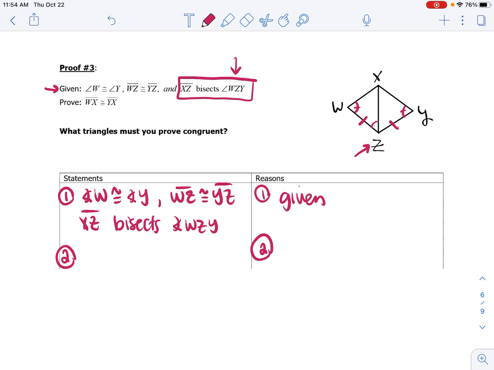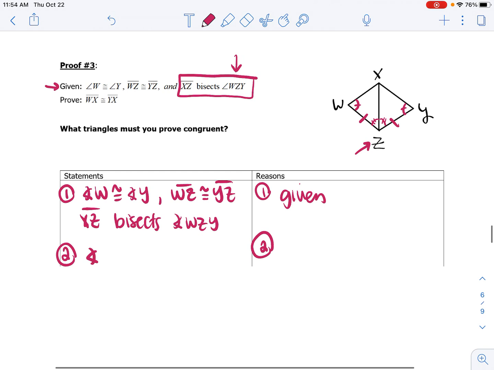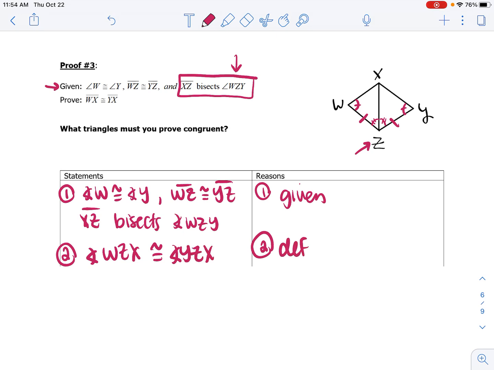That's this angle here. So I have a double tick mark, double tick mark. So we have to state that those angles are congruent. So angle WZX is congruent to angle YZX because of the definition of an angle bisector.